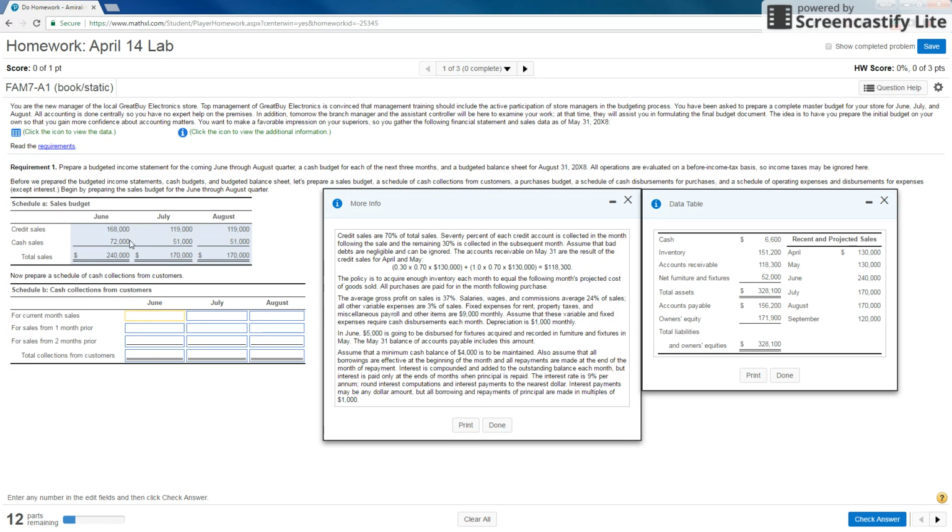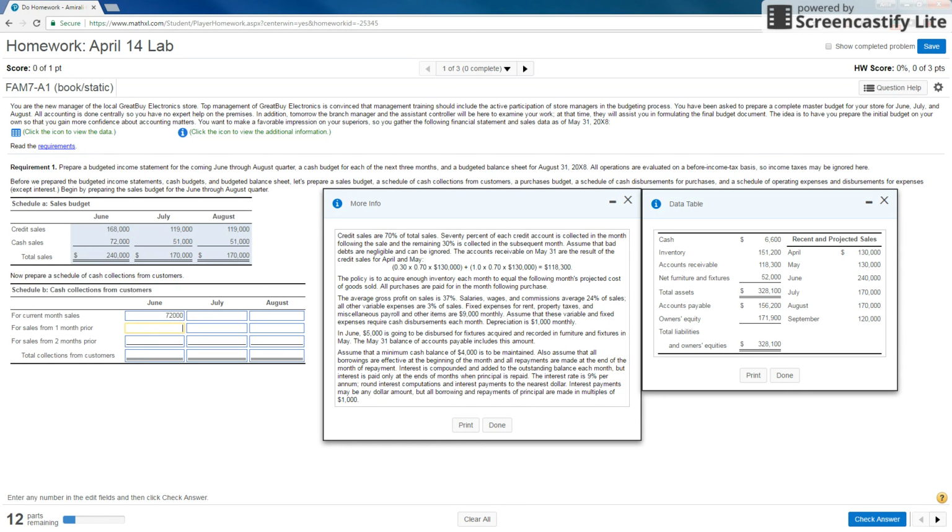So 72,000 from this month. So that's for the current month. For the sales from 1 month prior, so here it's saying that, okay, 70% of each credit account is collected in the month following the sales, and the remaining 30% is collected the subsequent month.